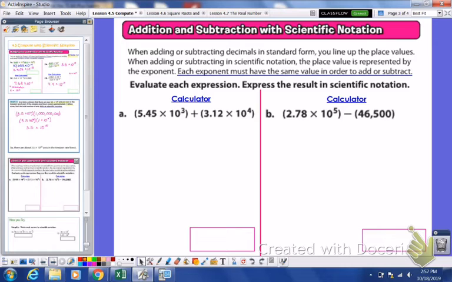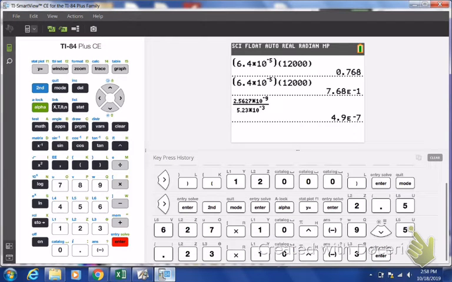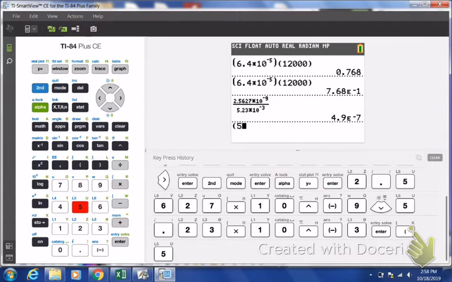However, we do have the calculators in school, so when you're in school, go ahead and use them. So if we pop over to our calculator, again, remember, anywhere you see a parenthesis, you must put a parenthesis. So exactly as it's written on the paper goes into the calculator. So in parentheses, 5.45 times 10 to the third.